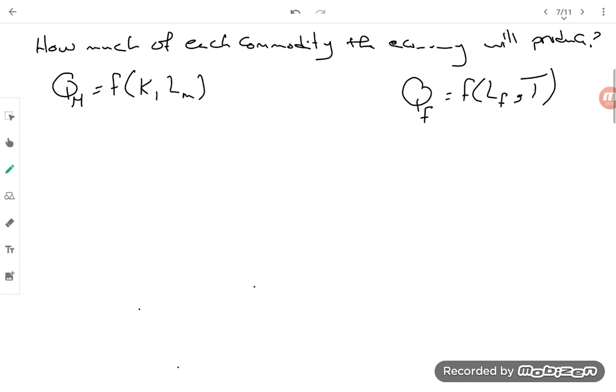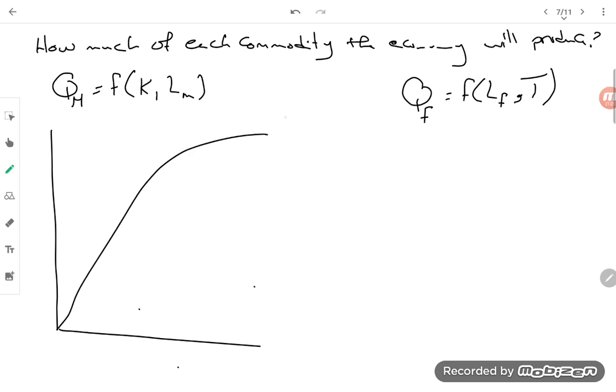The production function for manufactured goods will be just like this. This is the total product or quantity, and this is the number of labor. The shape of the production function reflects the law of diminishing marginal returns. As you add more workers beyond a specific level, the productivity of each worker is going to decrease. This can be represented graphically by the marginal productivity of labor.